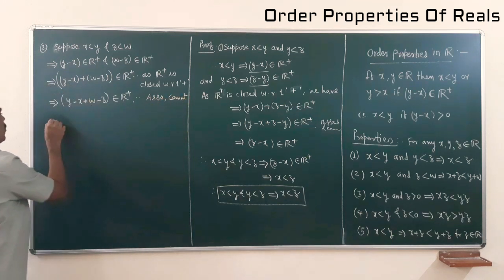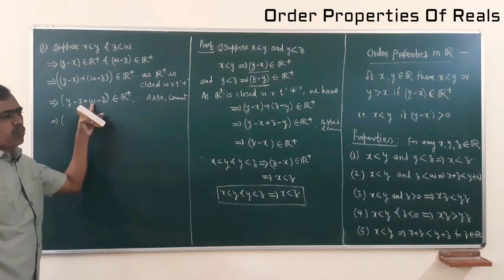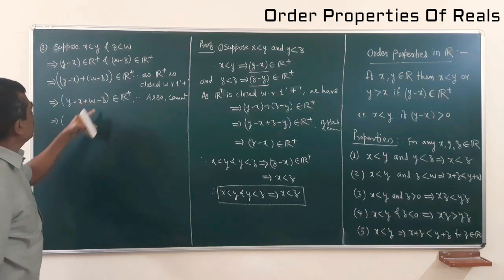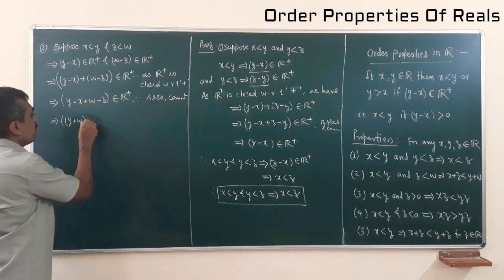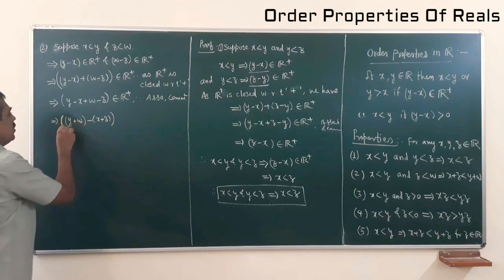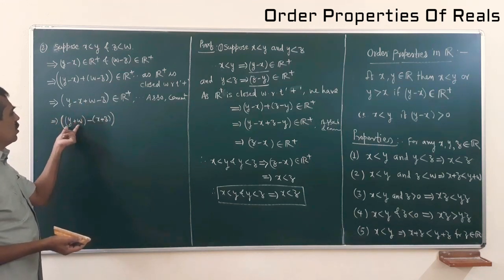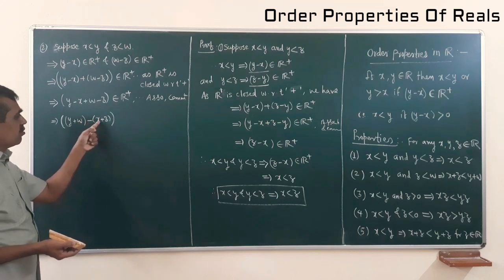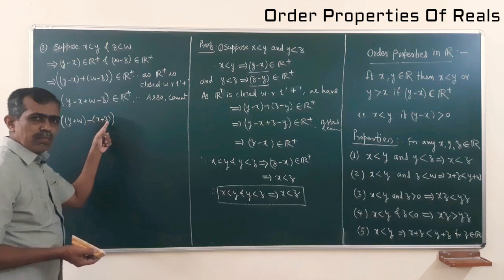Now I will arrange these terms properly: y plus w, taking positive terms together, minus x plus z. Am I right? Only the same terms are arranged, plus together and minus together, minus x minus z.